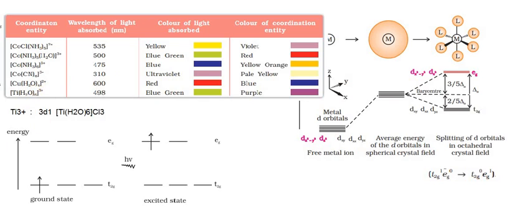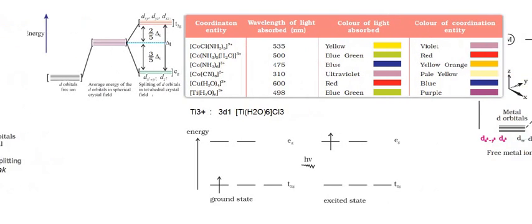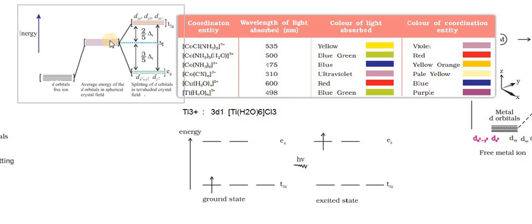Now, what happens in this particular complex, the copper aqueous complex? Basically 4 water molecules are attaching to the Cu2+ ion. These 4 H2O molecules split the degenerate d orbitals in this fashion, and so you have this splitting, Eg and T2g.